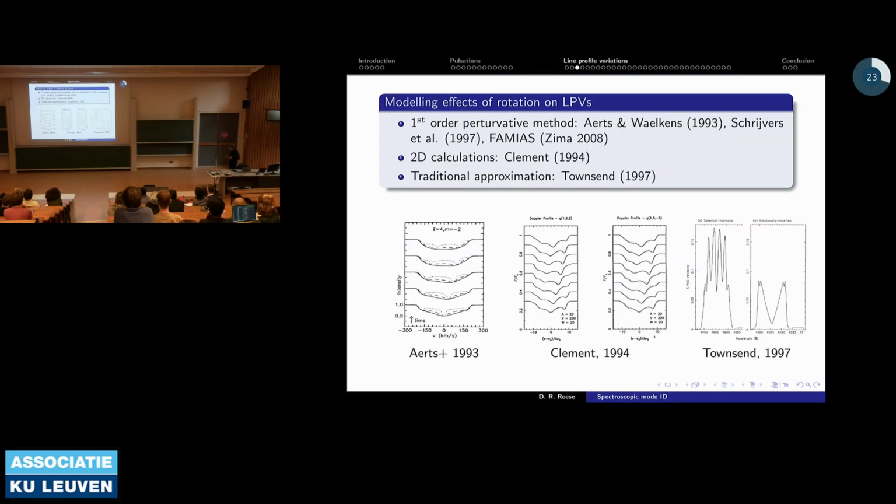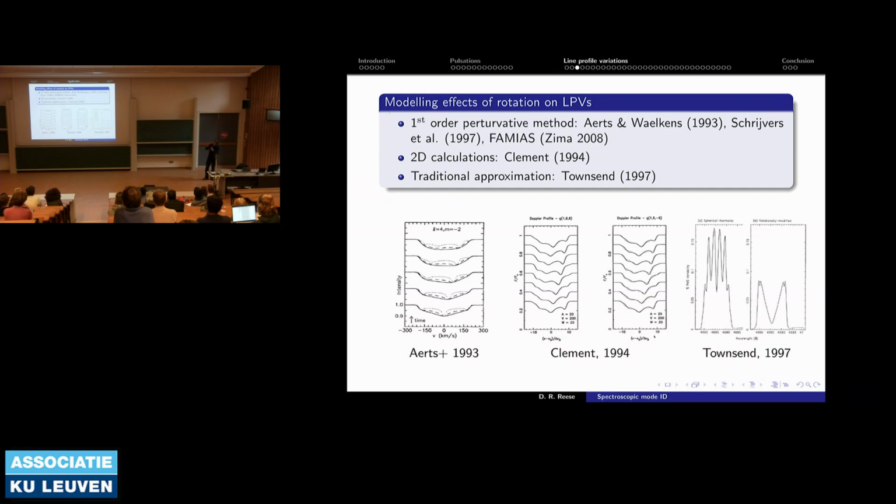Okay, so there have been various efforts to model the effects of rotation on line profile variations. I've found about 3 different methods. First you have first order methods. When I say first order methods, it's a little bit more complicated than first order methods for frequencies. Here this includes first order perturbations on the eigenfunctions.